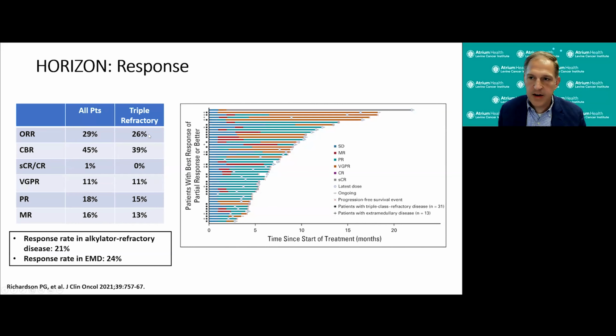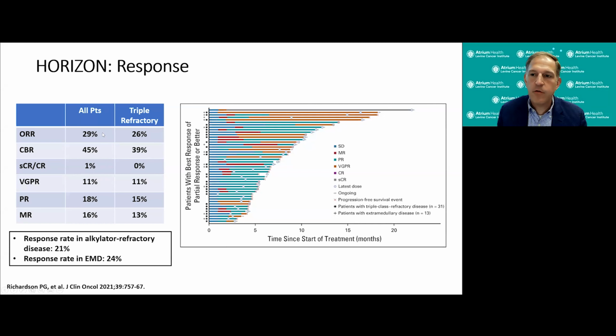Again, when you expand it out to those patients who had more modest clinical benefit, at least a 25% reduction in their M spike, or what we call clinical benefit rate, 45% for all patients on the trial, close to 40% for those with triple refractory disease.